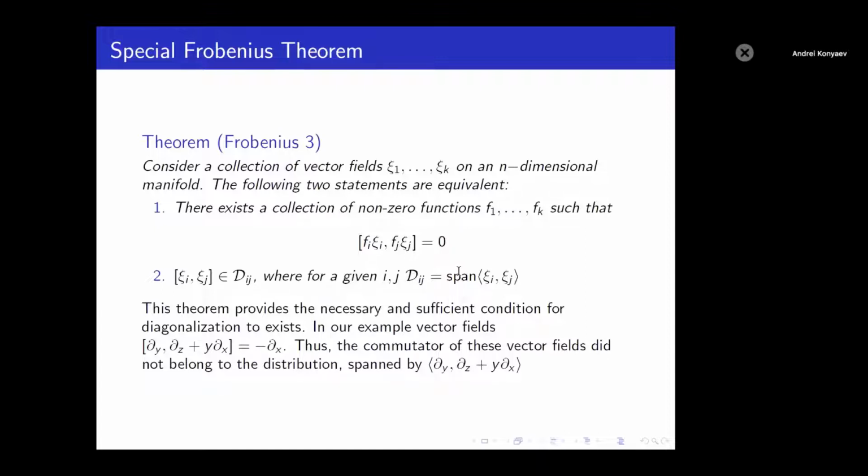If we go back to our example, we see that the second condition for our example does not hold, because if we take the second and the third vector fields and commute them, we see that we do not stay in this two-dimensional distribution, because we get the first coordinate vector field, right? So this is the theorem we're going to prove.